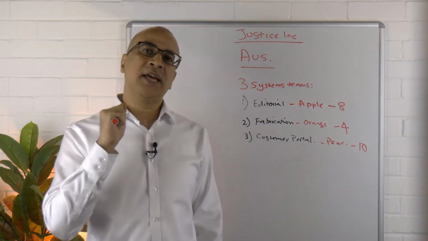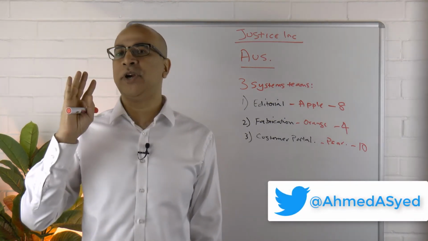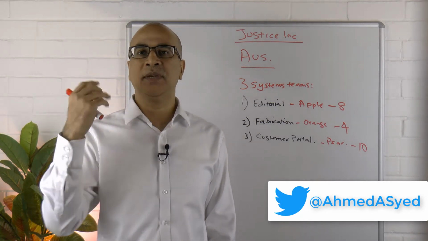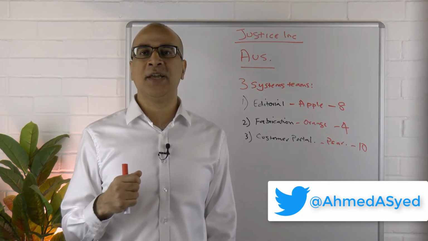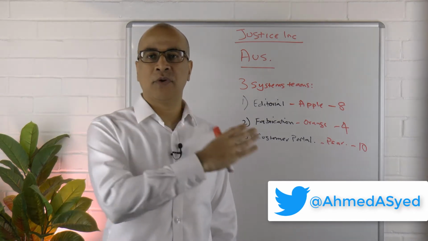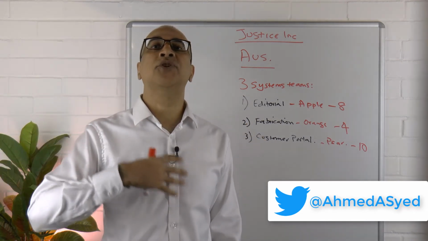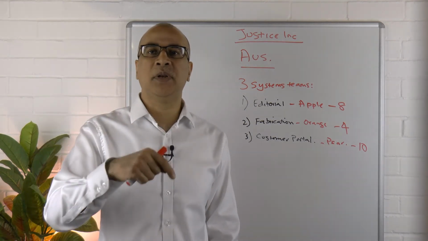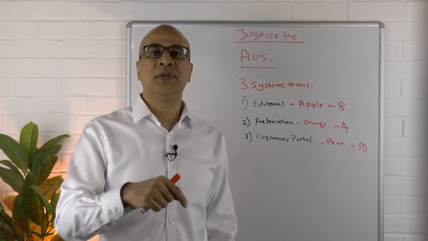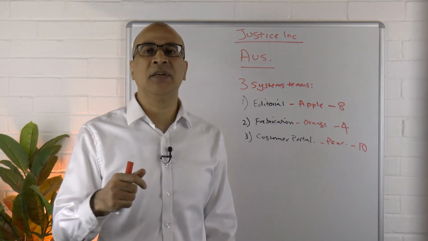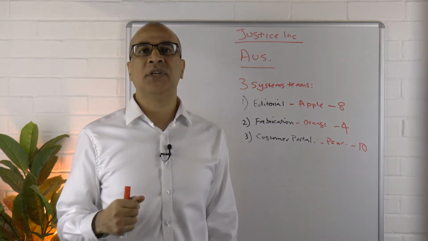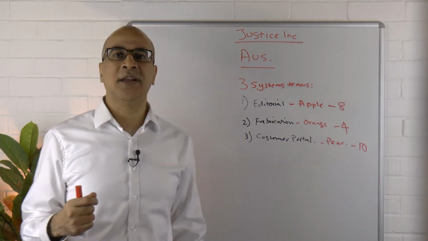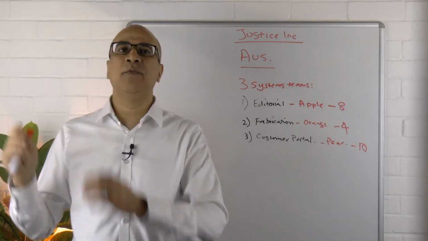So here's the deal. If you've got any ideas, any horrible events that you can think of, you can Twitter me on Ahmed A. Syed. Give those to me. We'll start to throw them into the video series and I'll show you how we would overcome those. You can also leave them in the comments below on the YouTube channel, or if this is on LinkedIn, then you can leave the comments in there and I will scoop them all up and put together some of these nasty surprises and how we overcome them.